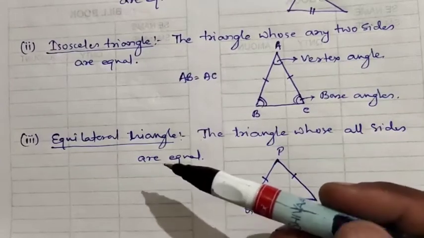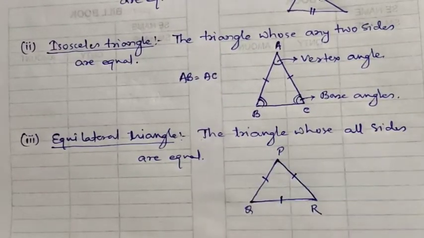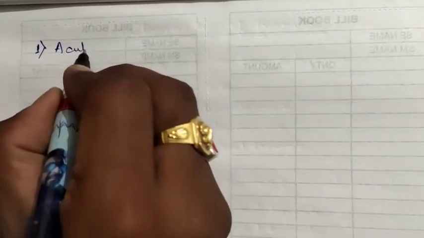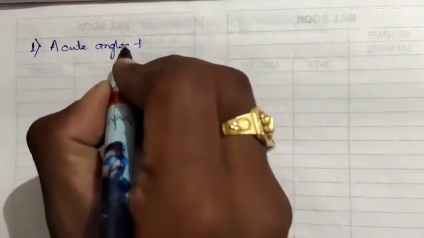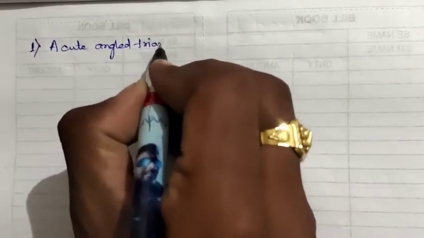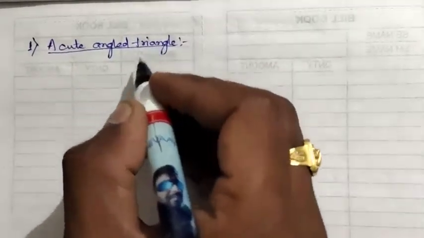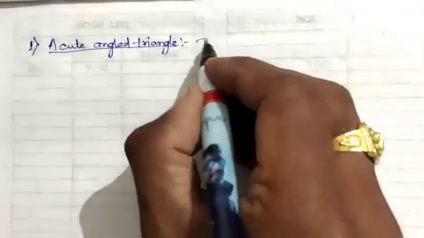Now next we are going to discuss the types of triangle according to the angle. The first type of triangle according to angle is the acute angled triangle. The definition says that it is the triangle whose all angles are acute.